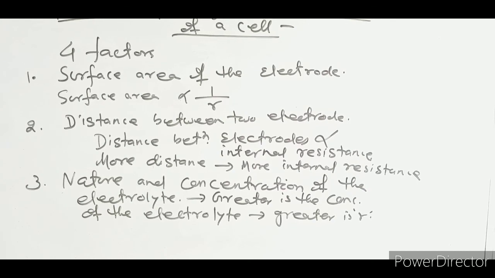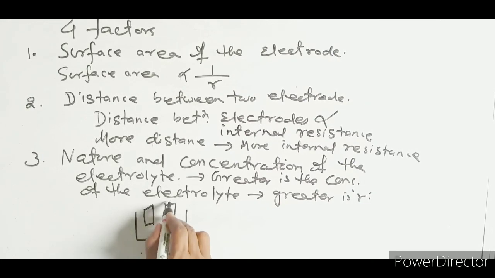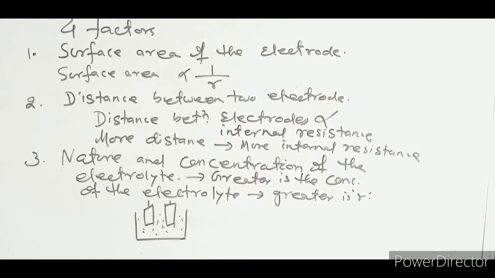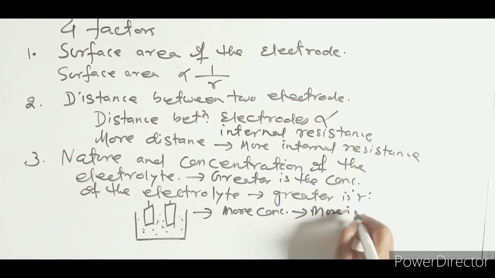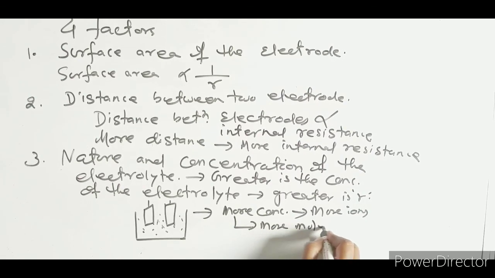So how it occurs? Because whenever we take the container or this electrolytic cell, here these are the electrodes we are taking. More will be the concentration of the electrolyte, means more will be the ions here. More concentration implies more ions, also more molecules, because all the molecules at a time do not dissociate.